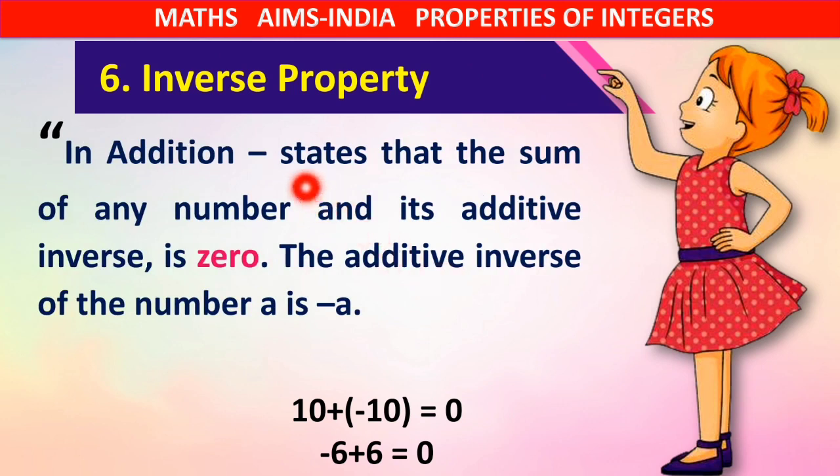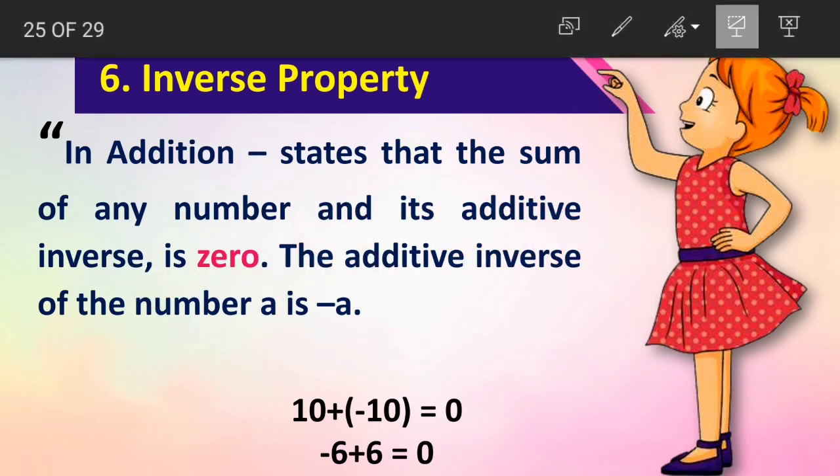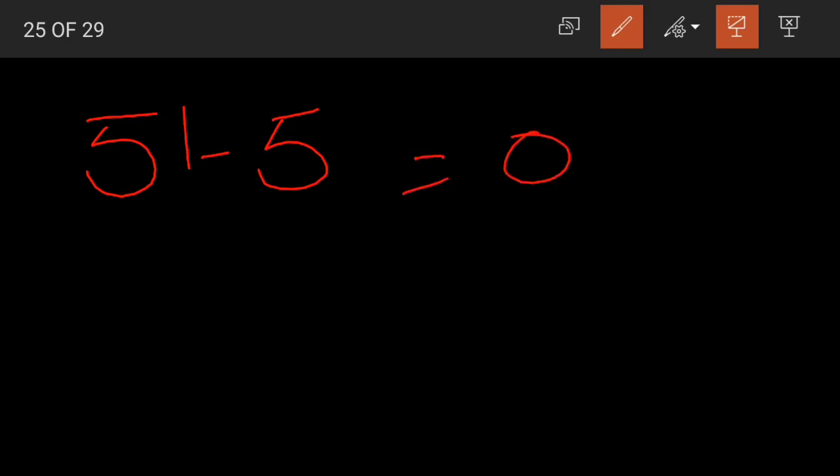Now what is the inverse property? In addition, it states that the sum of any number and its additive inverse is 0. Again, I use the example where I put 5 leaves in a box and then removed all the 5 leaves. I got 0 as the answer, right?